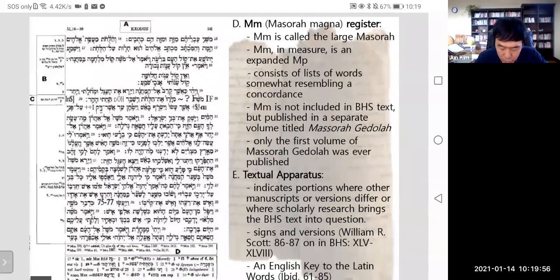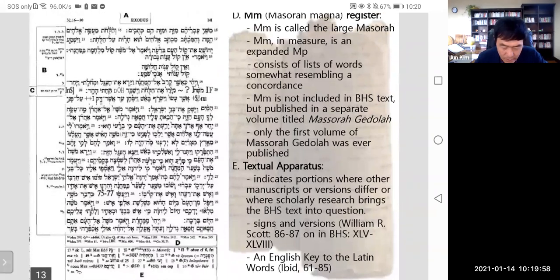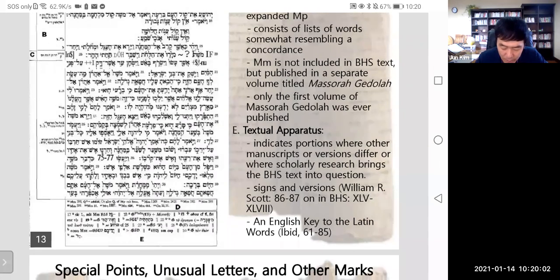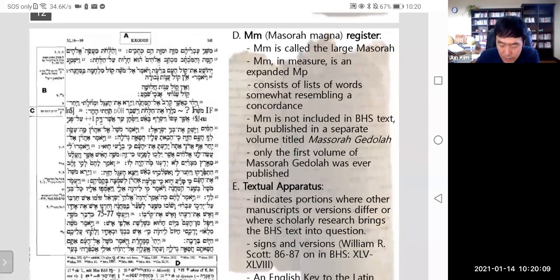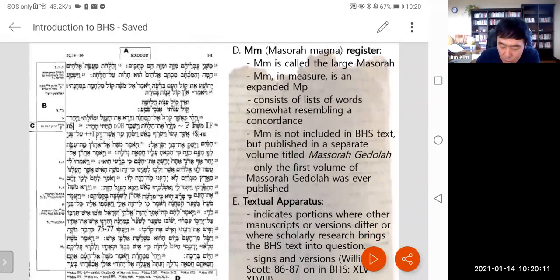Coming back to page 141, it's time to talk about D section and E section. In fact, this section is not really important. This section is called Masora Magna Register.